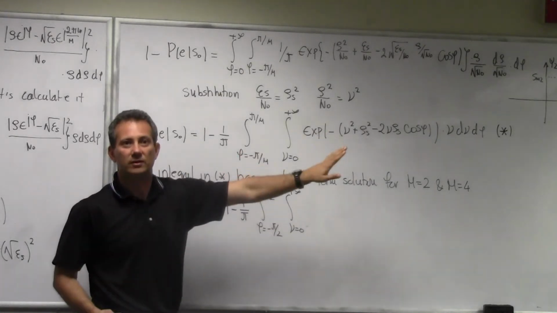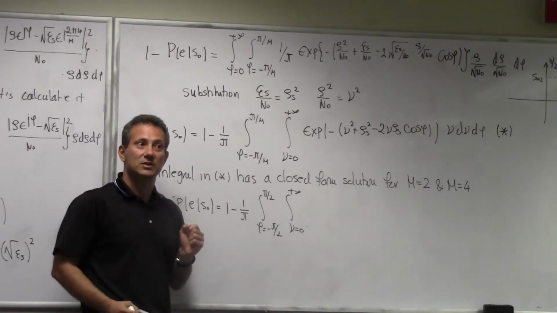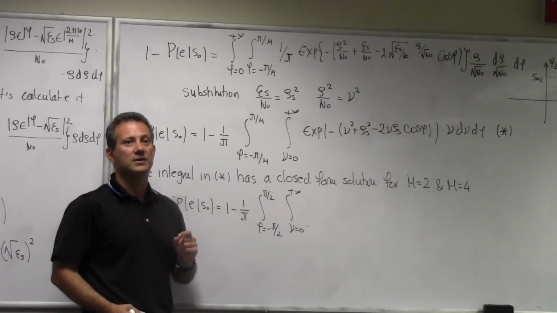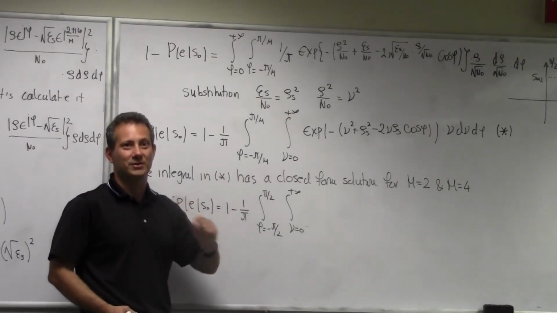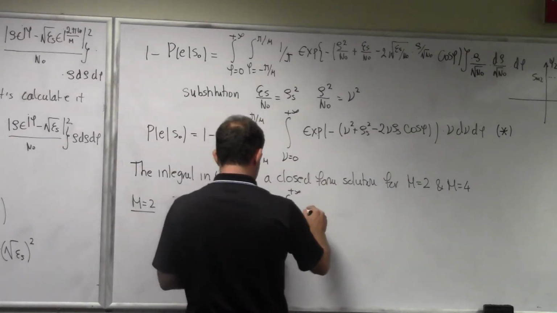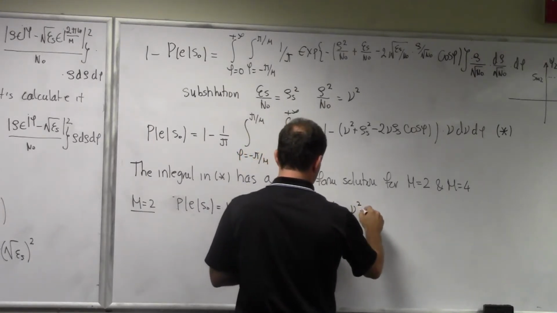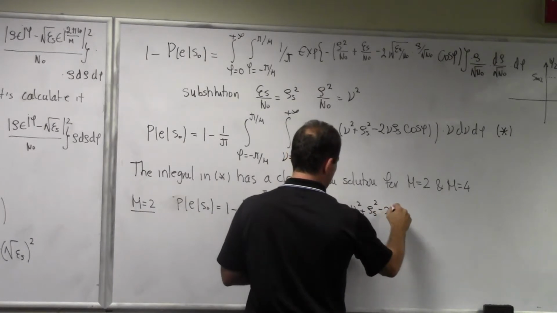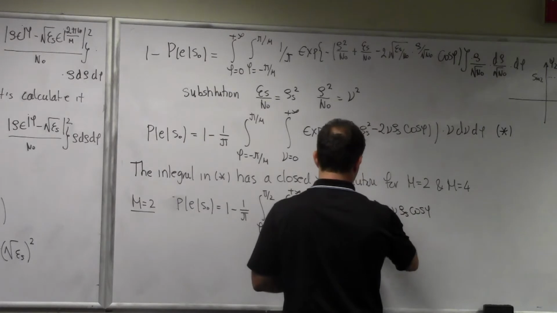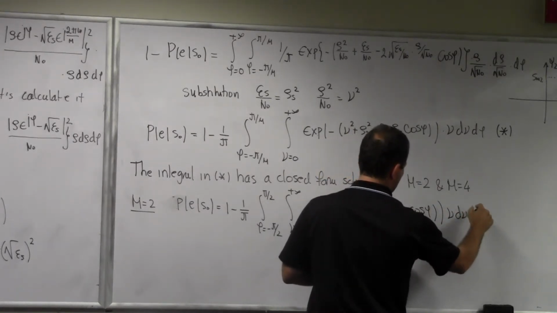Pretty much everything to the right of it qualifies. But I'm doing two-dimensional signaling, so my error exists in 2 dimensions, even though my signals are all along 1 dimension, right? So now I have this e to the minus nu squared plus rho s squared minus 2 nu rho s cosine phi, nu d nu d phi.